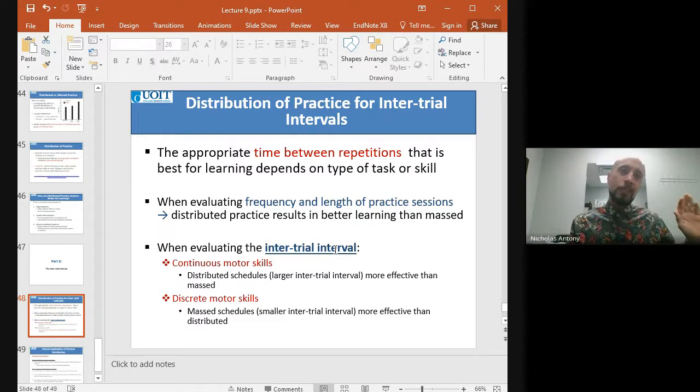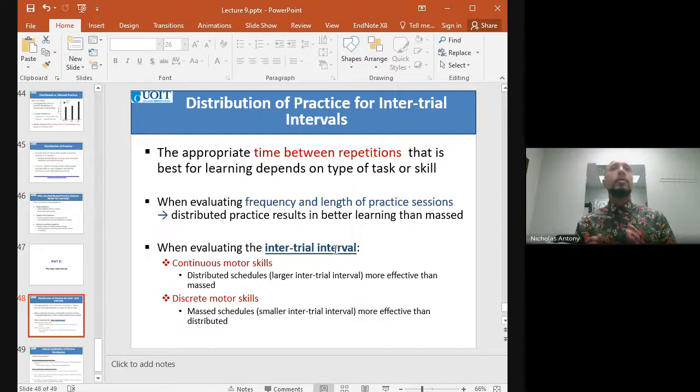The research has kind of been all over the board on this, but it basically depends on whether or not the learner has motivation to keep going. When they have the motivation to start over again, then it's best to start the next trial. If they're doing a very strenuous or very long trial, they're probably going to want to wait a little bit longer before they practice again, right?